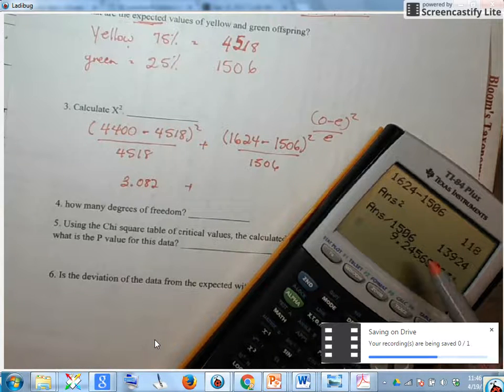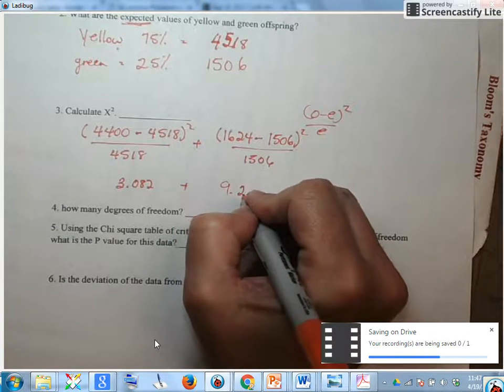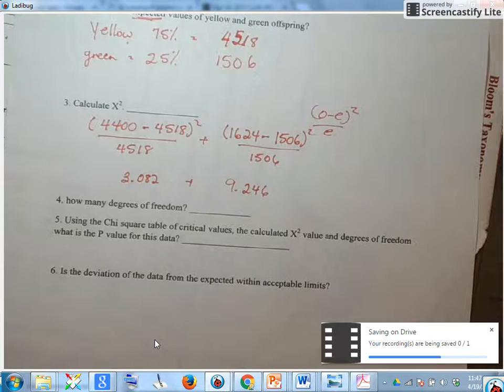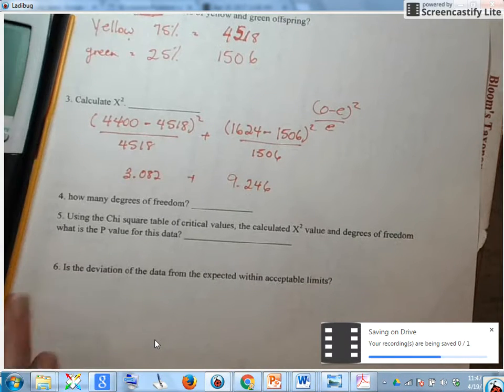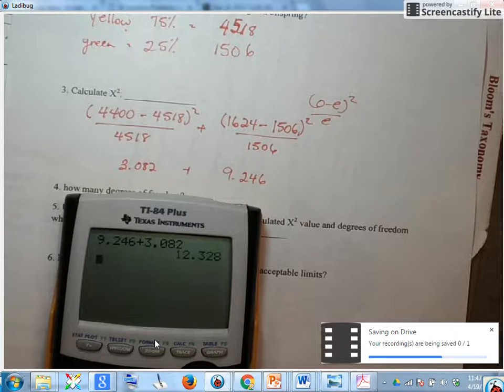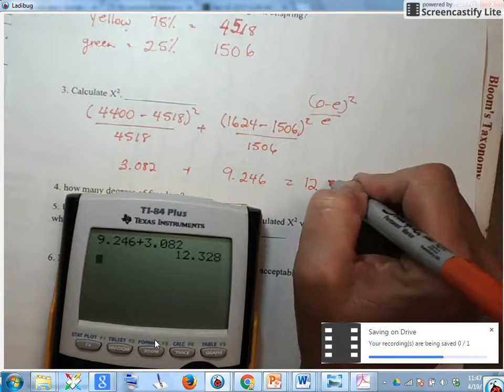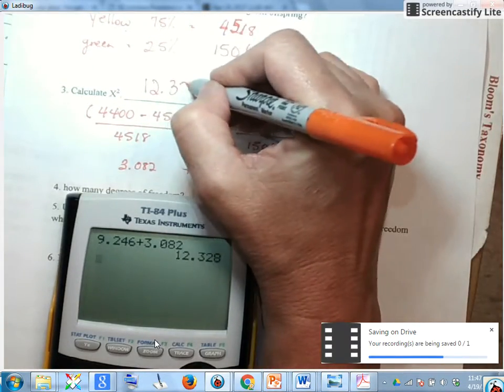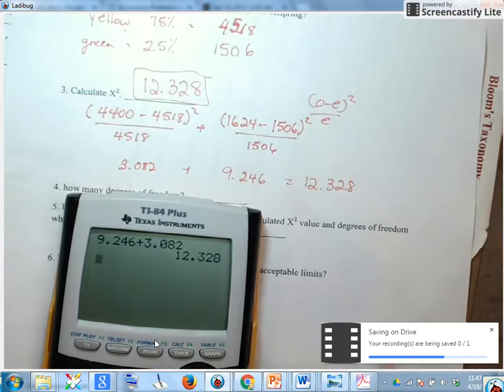Well, holy smacks, with a number like 9.246. So 9.246 plus 3.082. I'm adding those two values, and I get 12.328. So my chi-square value is 12.328. But wait, I am not finished.